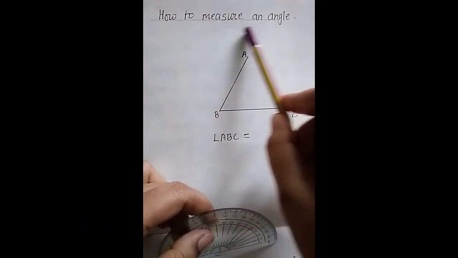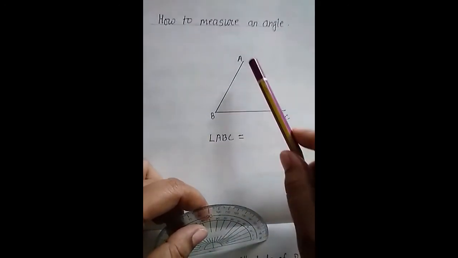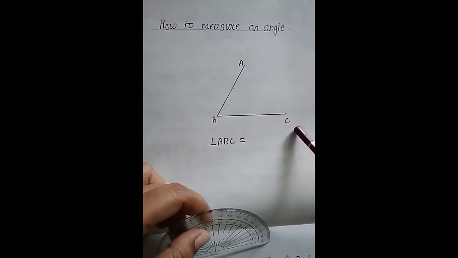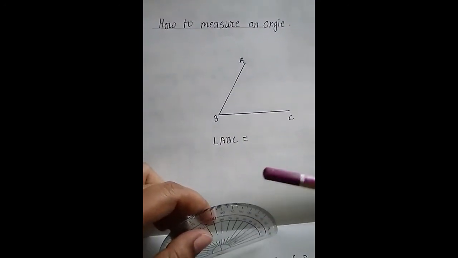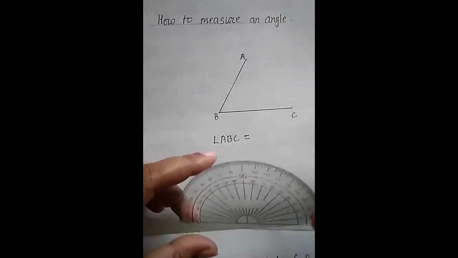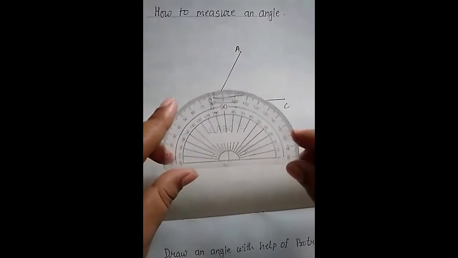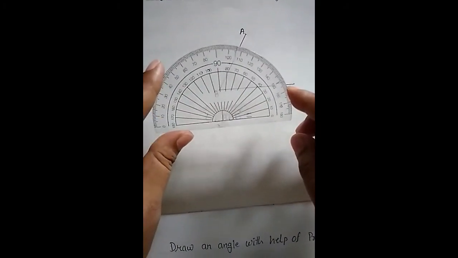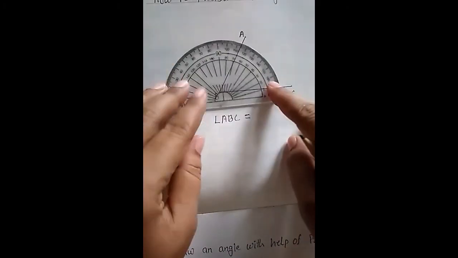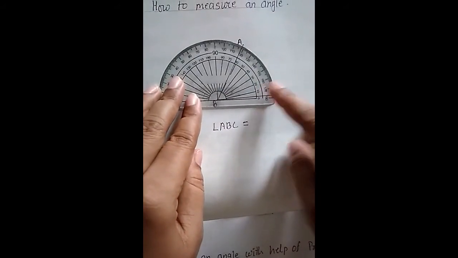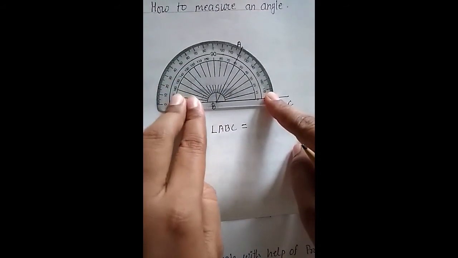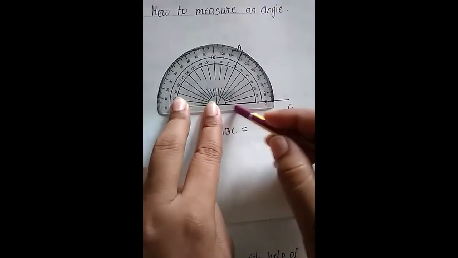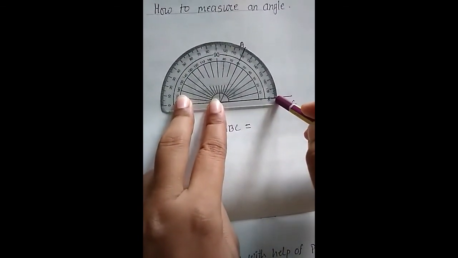How to measure an angle? Here angle ABC. So with the help of a protractor we measure the angle ABC. First, place the center of the protractor on the vertex B. Adjust the zero line on the baseline.